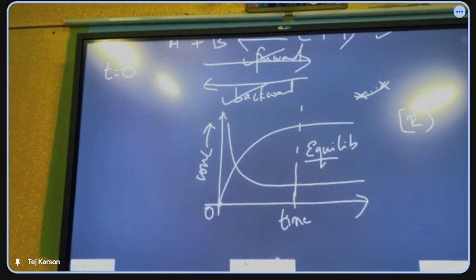I mean, square bracket P, and that of the product increases. Therefore, look at the progress. Rate of the backward reaction is greater than rate of the forward reaction. Just write that. It's easier.